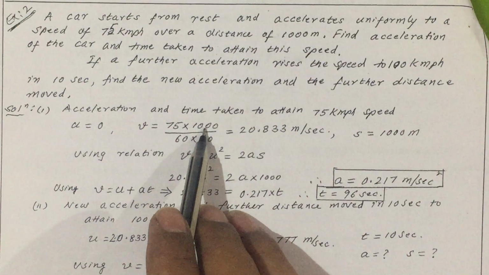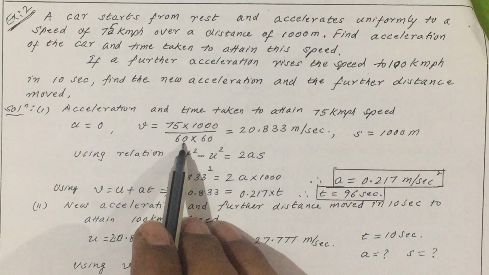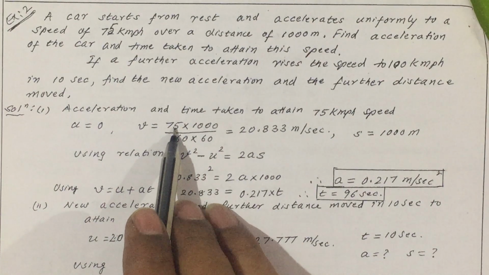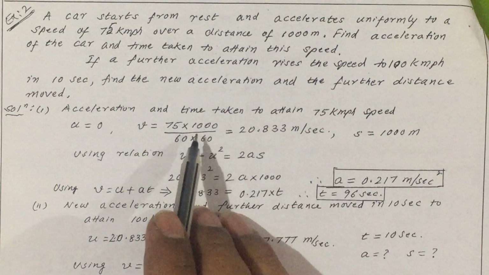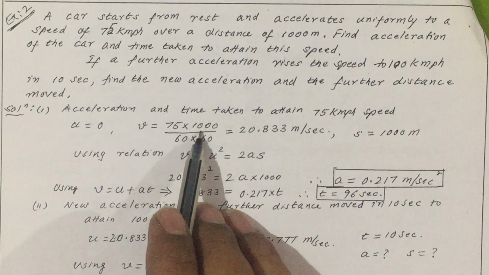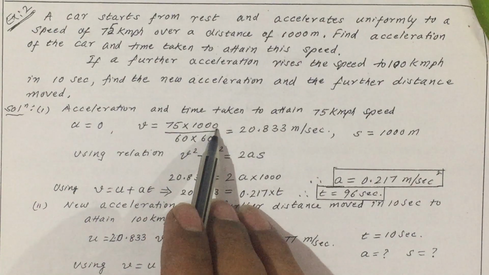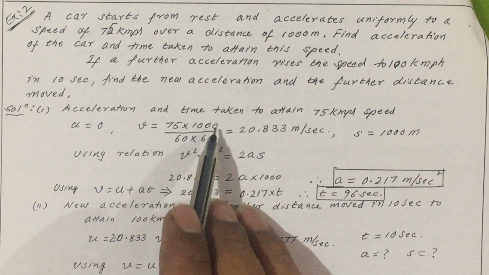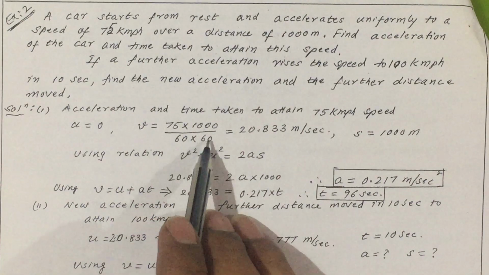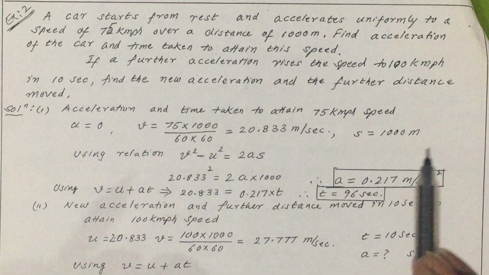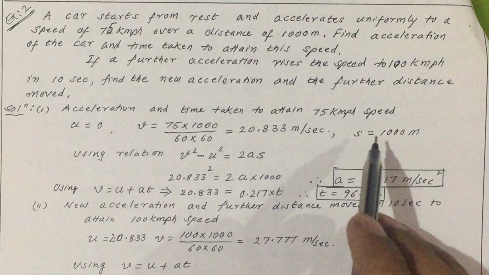We have it in kilometer per hour, but we need it in meter per second. In order to convert that, you multiply by 1000 and divide by 60 by 60. 1000 we multiply to convert from kilometer to meter, then to convert hour to second, divide by 60 multiplied by 60. You are going to get 20.833 meter per second.